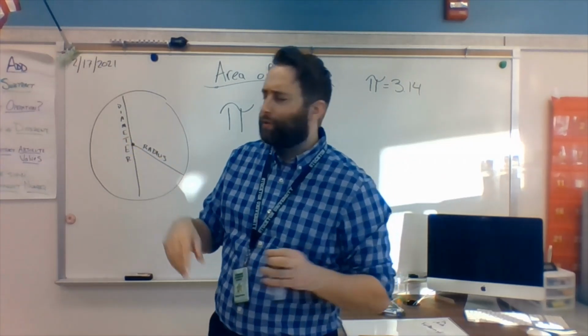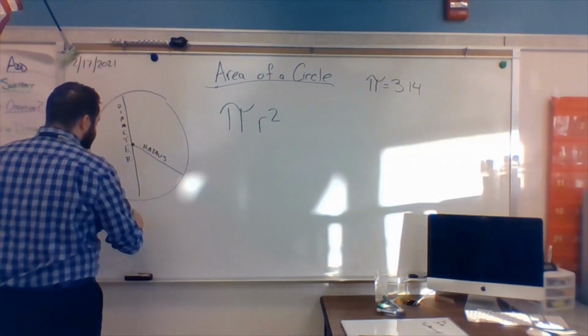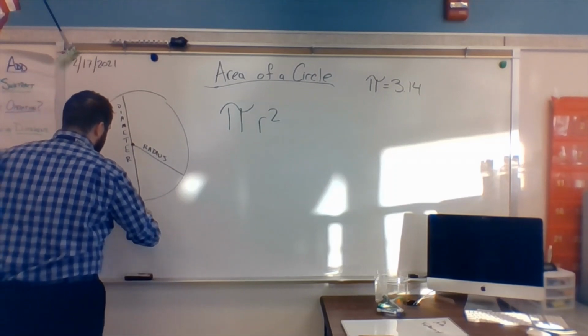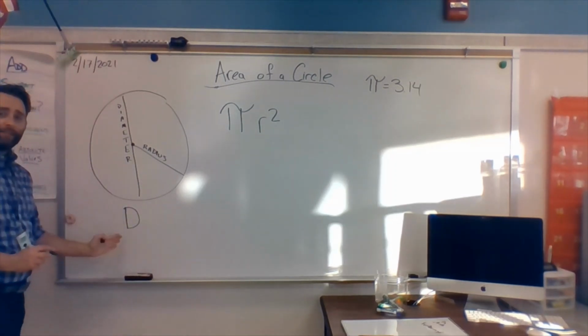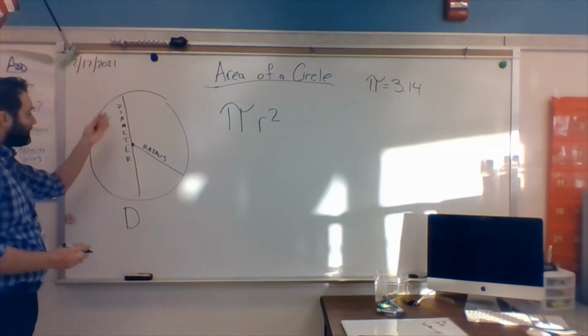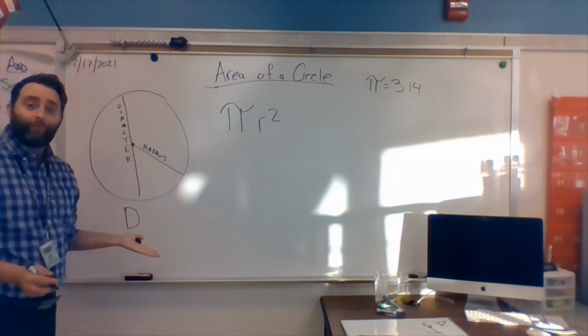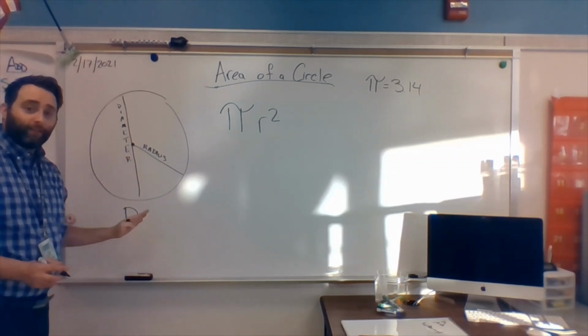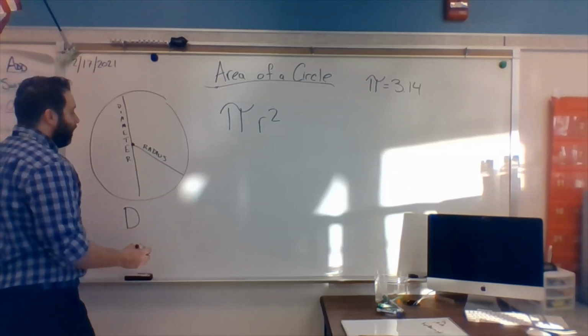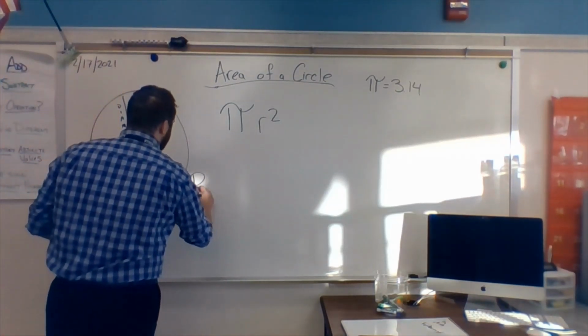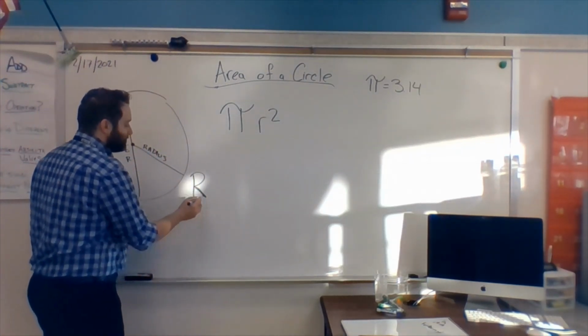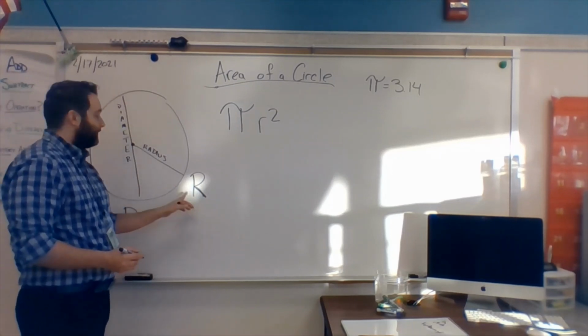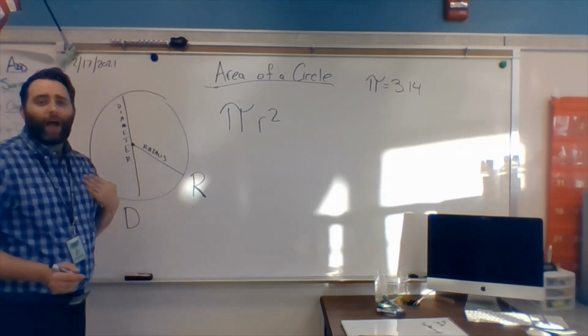But how do you remember which one's which? Remember a D for diameter literally looks like half a circle. So that is how you know diameter goes through half of the circle. R, radius, is kind of hard, but you know how R has a little stem? That's how I like to remember it.